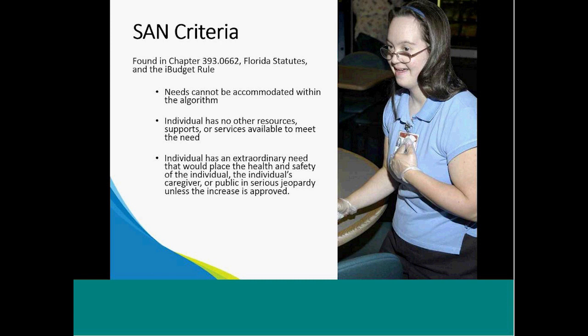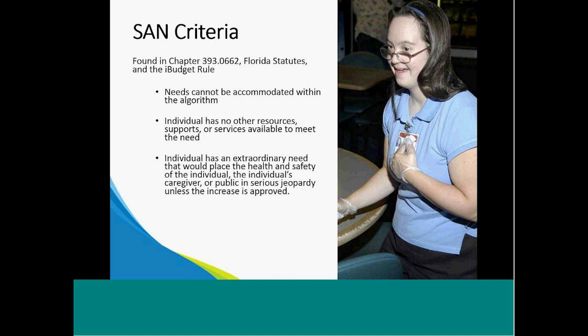And so what the rule or the statutes say is that the agency may authorize funding based on a client having one or more of the following needs that cannot be accommodated within the funding determined by the algorithm, and having no other resources, support, or services available to meet the need. So there are some things that you need to make sure that you're documenting in the documentation that you're submitting with the SAM.